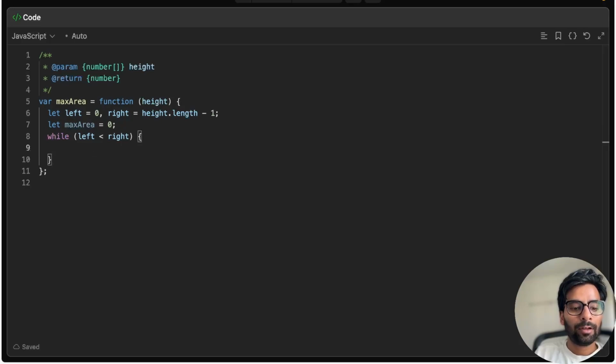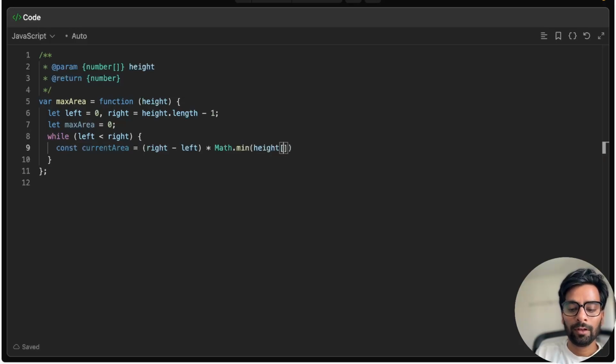And now for calculating the area, I'll be taking a variable called current area is equal to width. So what is going to be my width? Width is going to be right minus left, because those are the indexes, right? And that should be multiplied by the height, and height would be the minimum of the two heights.